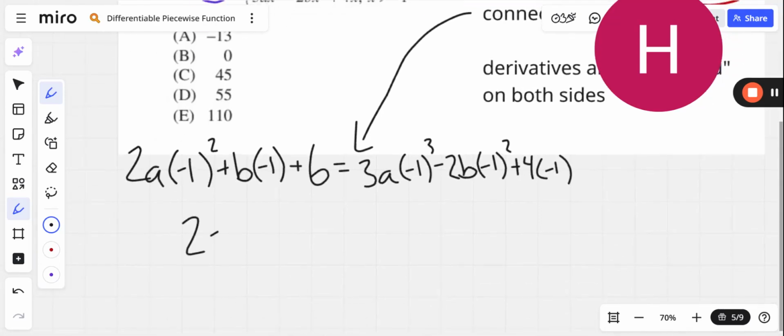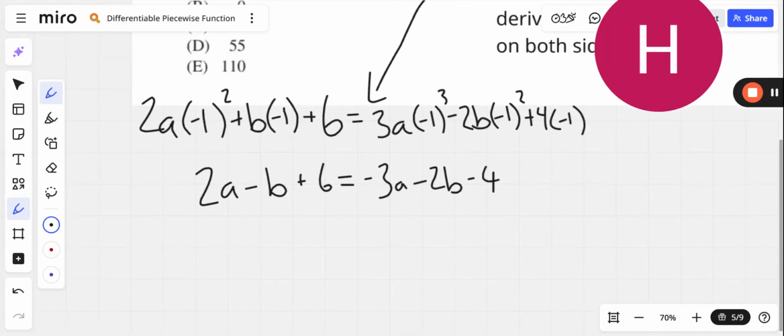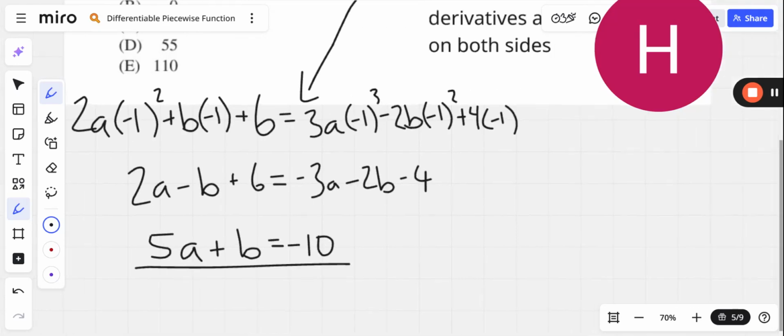So we're going to get 2a minus b plus 6 is equal to -3a minus 2b minus 4. And if you move everything with a variable over to the left side, we get 5a plus b, and if you move the numbers to the other side, we get -10. So we're kind of stuck there, but we're going to use that equation.